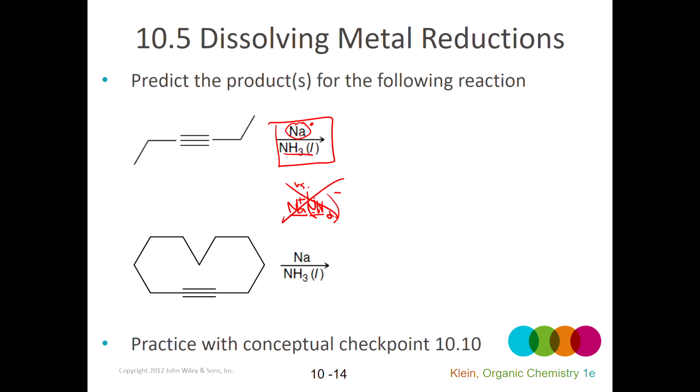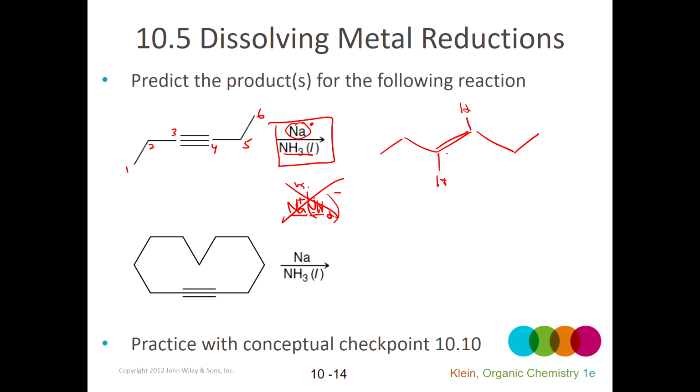So with this set of conditions, that would convert my alkyne, I'm going to count the carbons here, make sure I don't make any mistakes, into a 6-carbon chain, 2, 4, 6 that has a trans alkene. So I would go from 3-hexyne to 3-hexene.